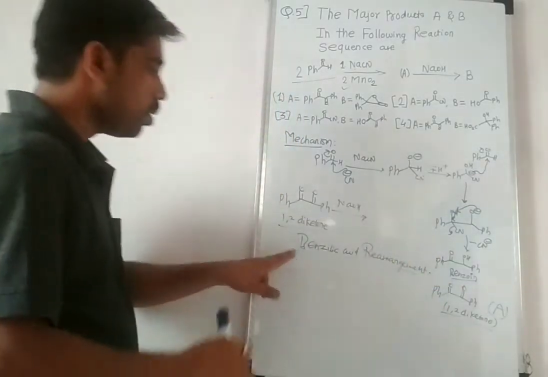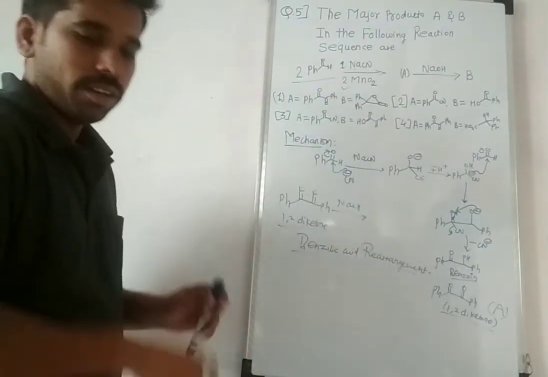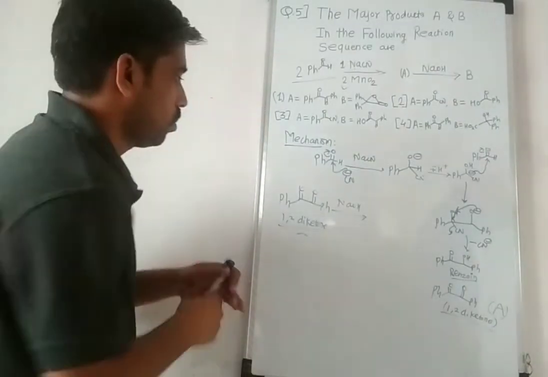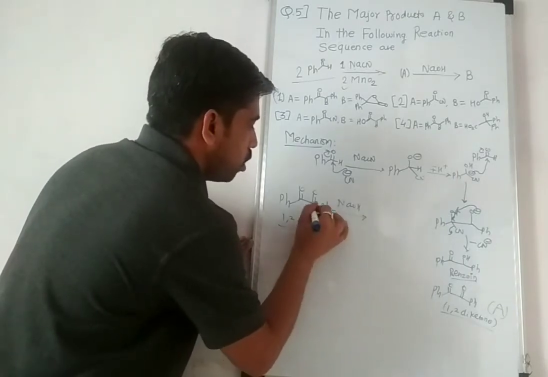This is the condition for the benzilic acid rearrangement. Let's see the mechanism. Now OH minus attacks the electron deficient center.